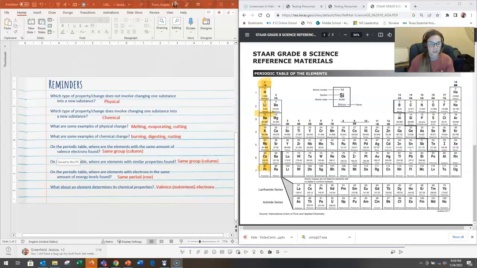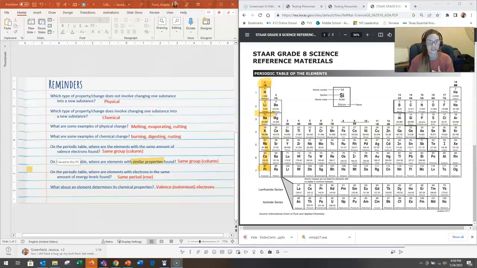Our next question says, on the periodic table, where are elements with similar properties found? Well, remember, the valence electrons dictate the properties. So it's kind of a trick question. They're all also going to be found in the same group, right?